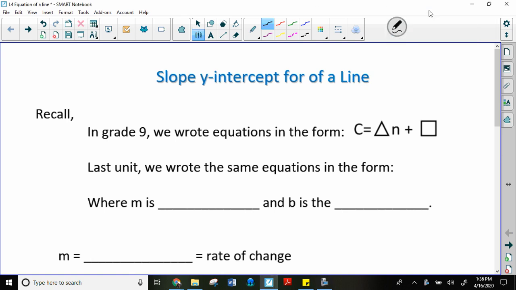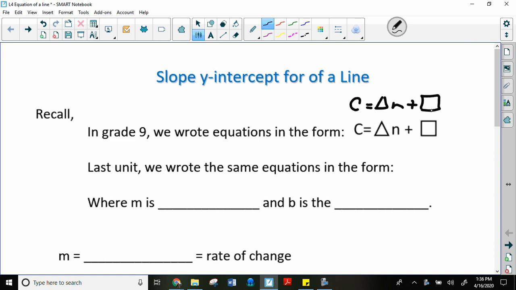All right, so we are looking at slope y-intercept of a line again, and we are doing some graphing. If you came through the grade 9 applied pathway, the way you focused on the equation of a line was C equals something. You replaced that with the rate of change multiplied by n, however many things there were, and then you can have a constant at the end.